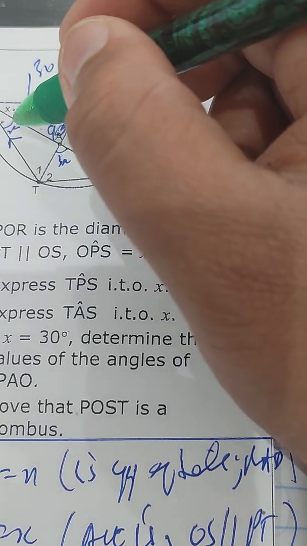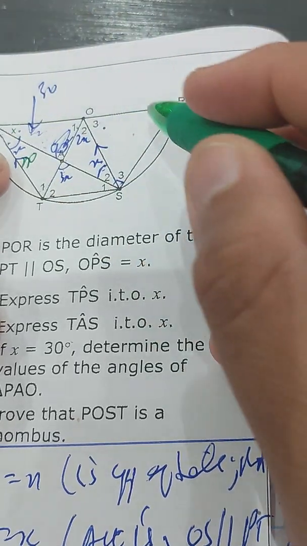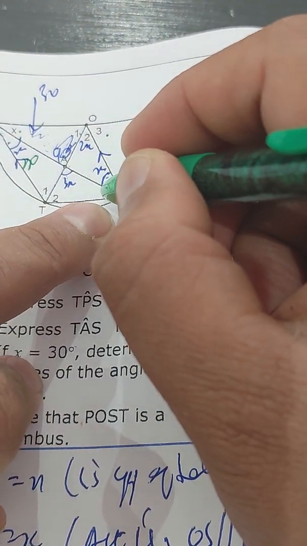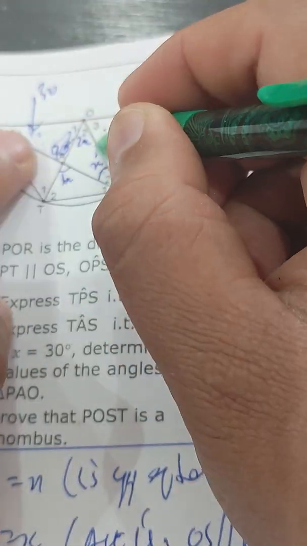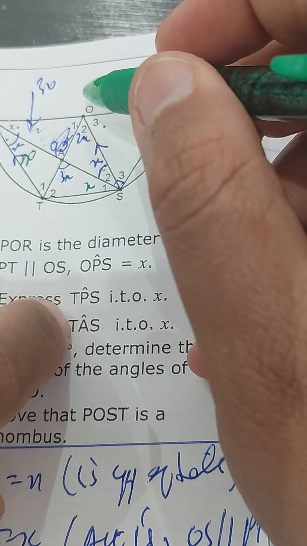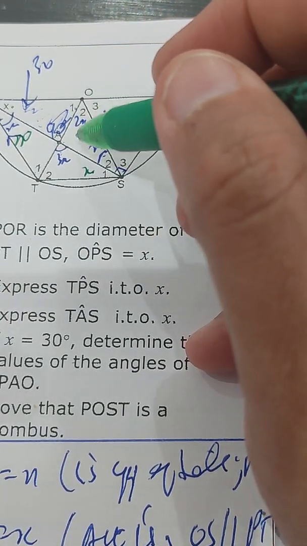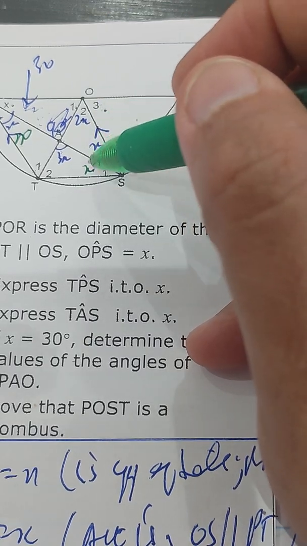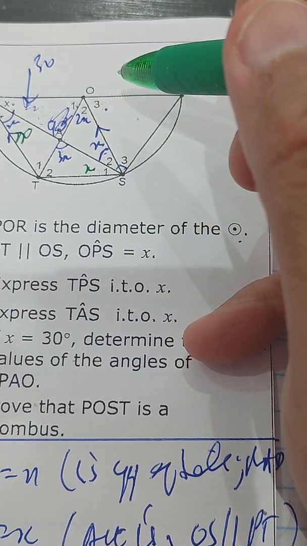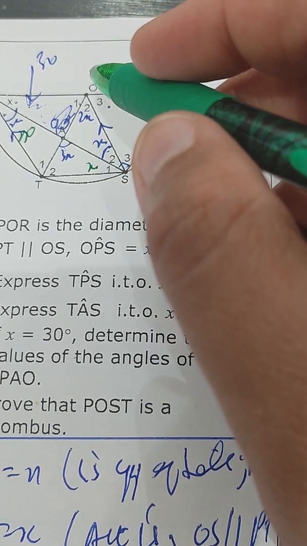So this is 30, so the diagonal is bisecting the vertex angle there. S1 is the same as this here, which is also x, which is 30. But why is that 30? Because we haven't proven that those lines are parallel yet. I'm just looking at the easiest way to prove that it's a rhombus.